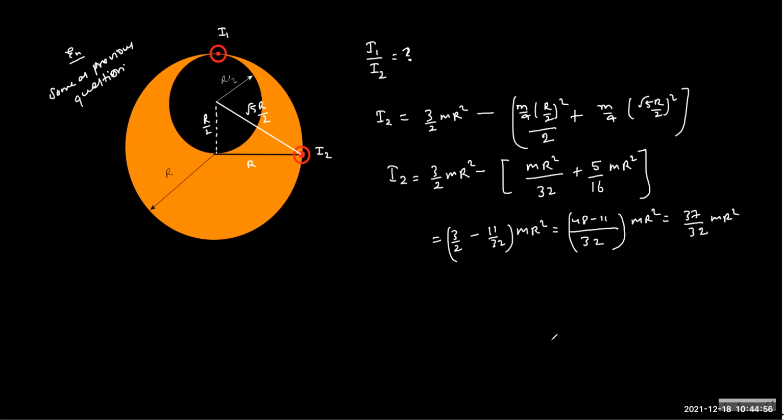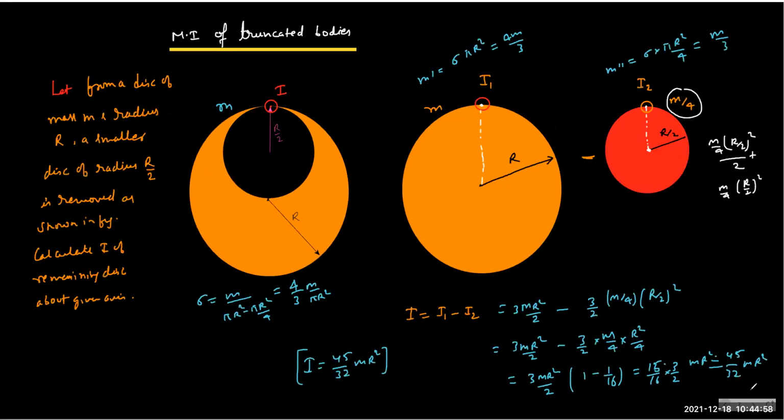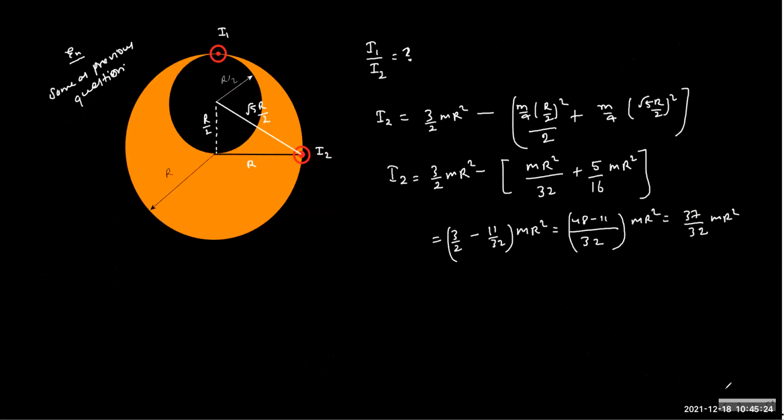So now I1 was how much? What was I1? 45 by 32, right? So now what is I1 by I2?